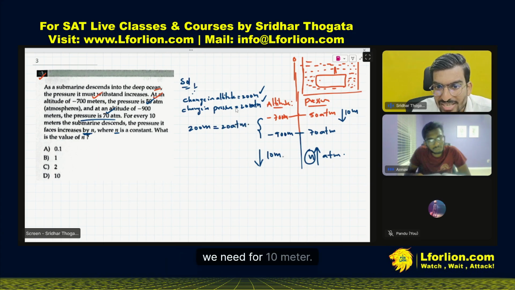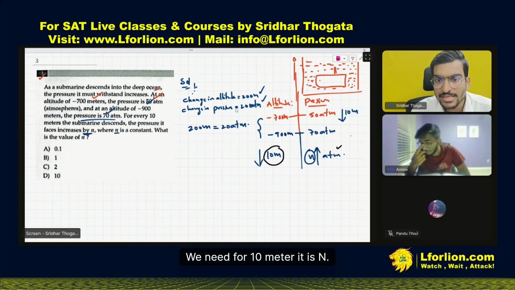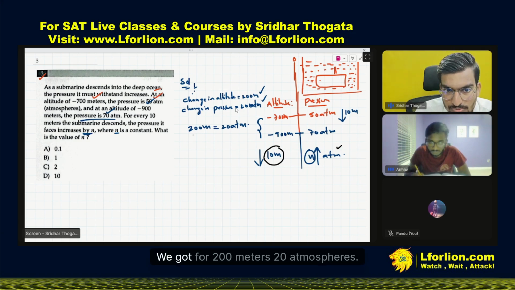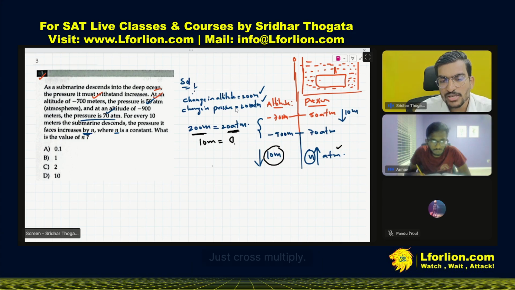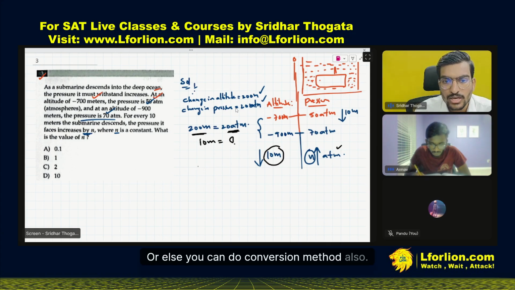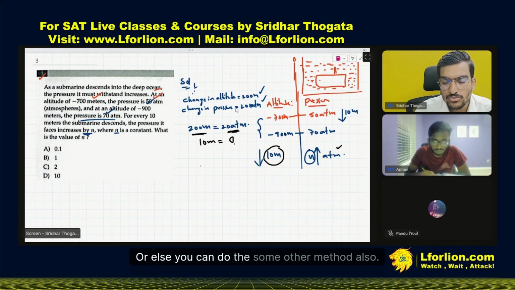What we need is for 10 meters, it is n. We don't need it for 200 meters. We got 20 atmospheres for 200 meters. What is it for 10 meters? Just cross multiply, you get it. Or else you can use the conversion method or some other method.